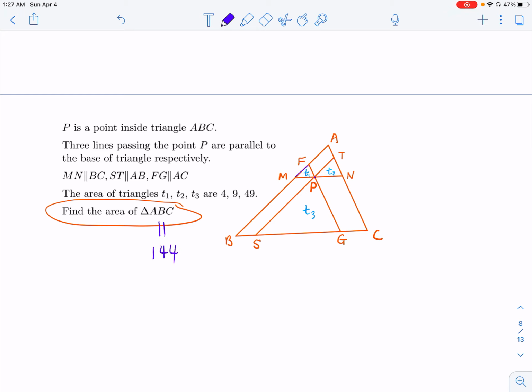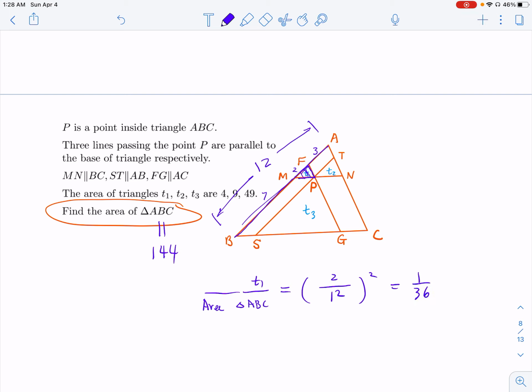Because the ratio here is 2, this is 7, and this is 3, the whole thing is 12. The whole length is 12, and this tiny one is 2. Let me review that: T1 over the area of ABC equals the square of the size ratio, which is 2 over 12, which equals 1 over 36. This is 1/6 squared. All right. So the final answer is 144.